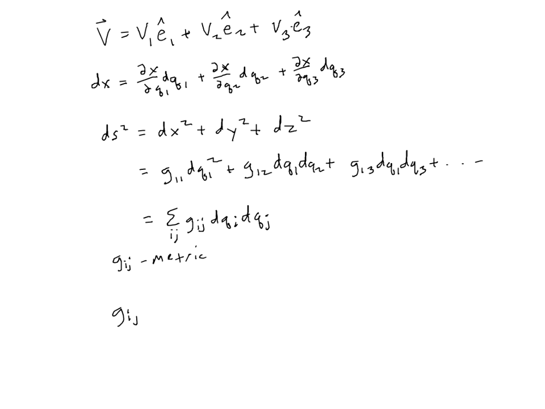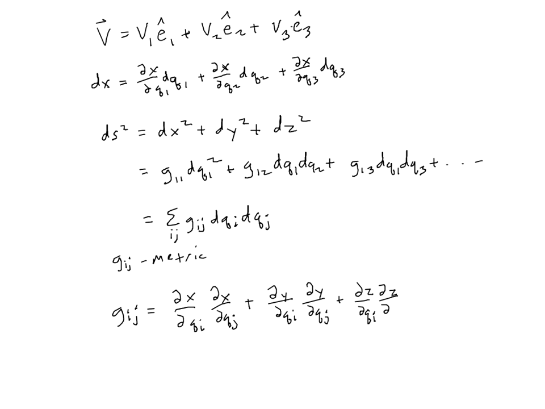And so g_ij is equal to partial x with respect to qi, partial x with respect to qj, plus partial y with respect to qi, partial y with respect to qj, plus partial z with respect to qi, partial z with respect to qj.